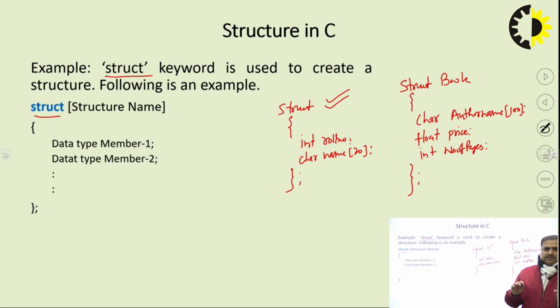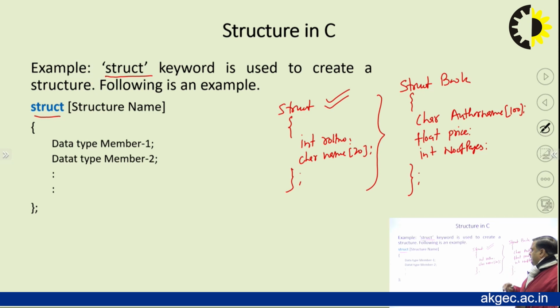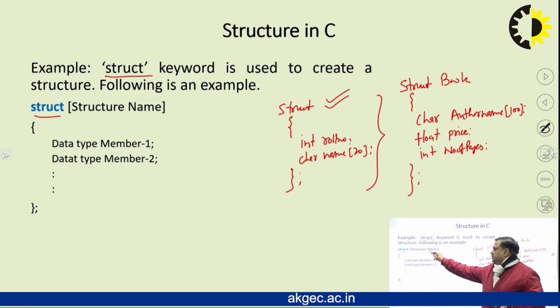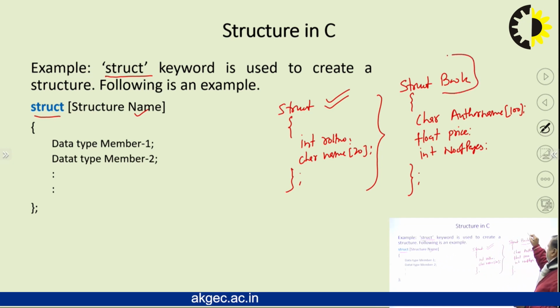This is only used to create a template. Nothing is going into memory. Memory will be occupied only when variables of this kind are created. If we want to use this structure, then I need a name, so for that purpose we can provide a name, like here we have given book.